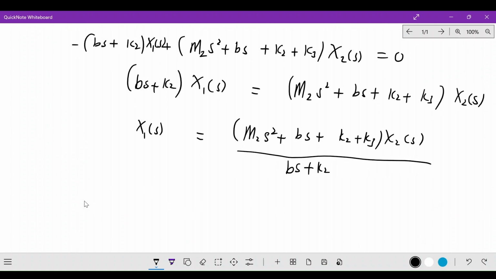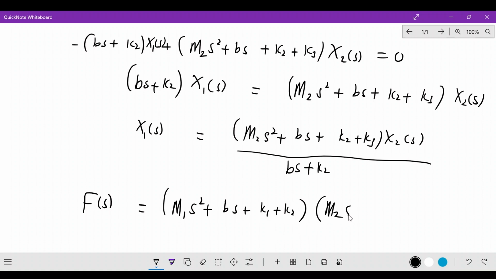So from the first equation, I have f of s equal to m1 s squared plus bs plus k1 plus k2 times x1 of s. So in place of x1 of s, I'm going to put that, which is m2 s squared plus bs plus k2 plus k3 x2 of s, divided by what?